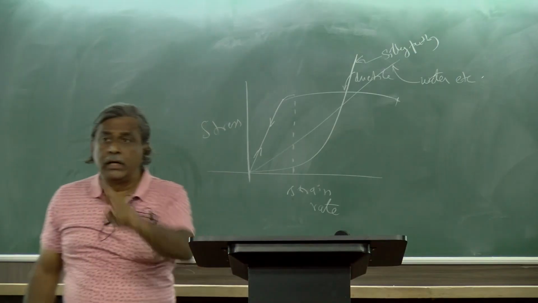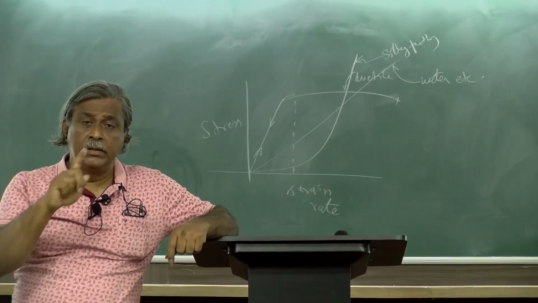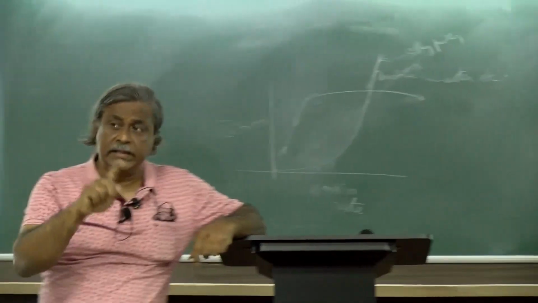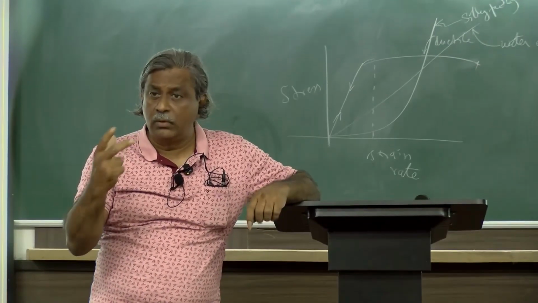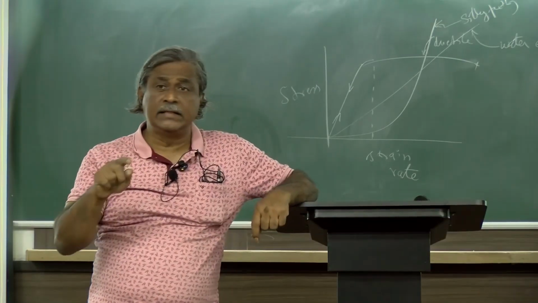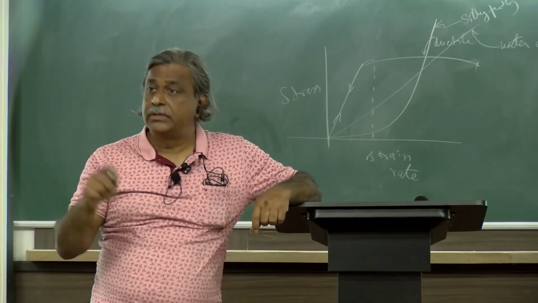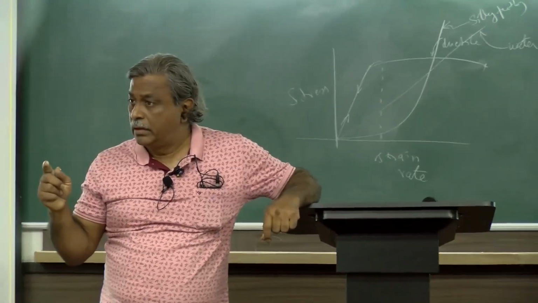Okay. So there are two things that I now understood. One is the relationship between stress and strain determines how the material behaves. The relationship between stress and strain rate also determines how the material behaves.